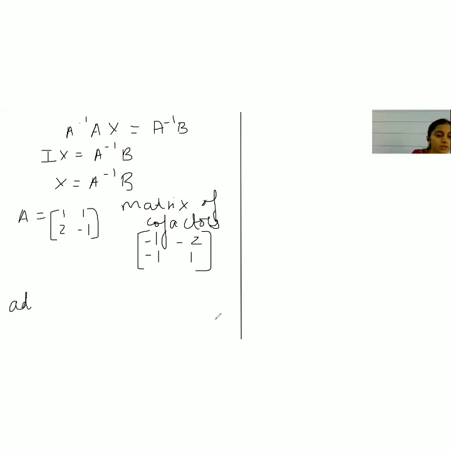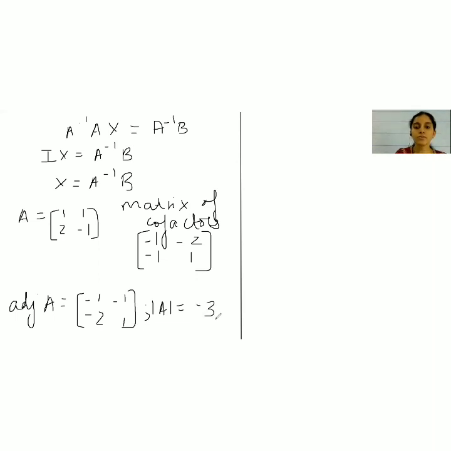What will be the adjoint of A? Adjoint of A is the transpose of this matrix. So minus 1, minus 2, minus 1, and 1. Also, find the determinant of A. What is the determinant of A? Minus 1, minus 2, that is minus 3.